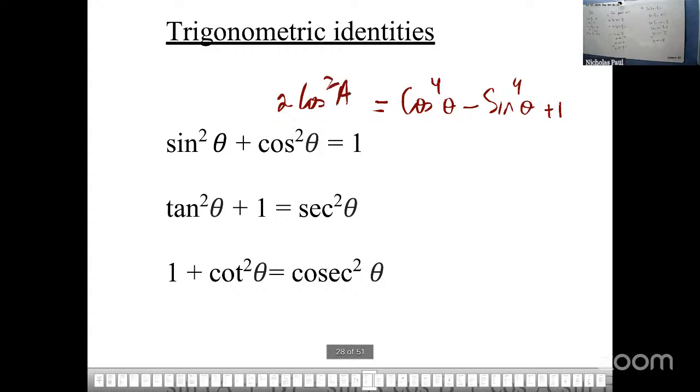Prove that 2 cos squared theta is equal to cos to the 4 theta minus sine to the 4 theta plus 1.